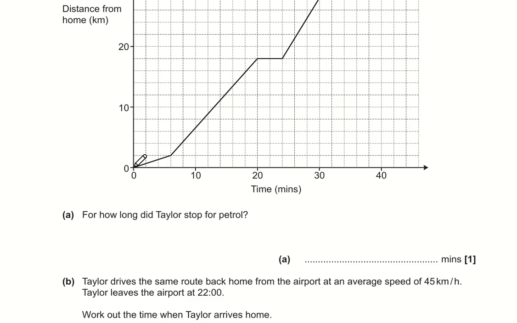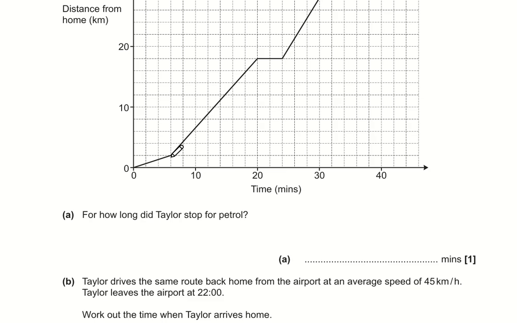He starts at 0, that means from his home. Then he travels at constant speed for 10 minutes. How many squares within this 10 minutes? 1, 2, 3, 4, 5. That means one square shows 2 minutes. So he has been traveling 6 minutes at constant speed.